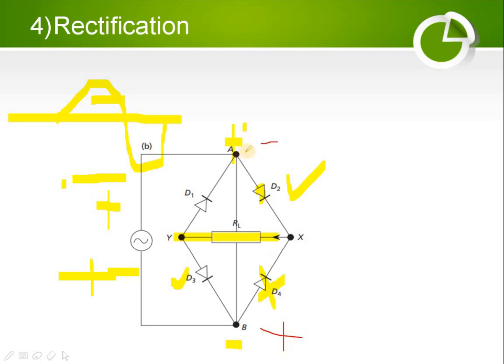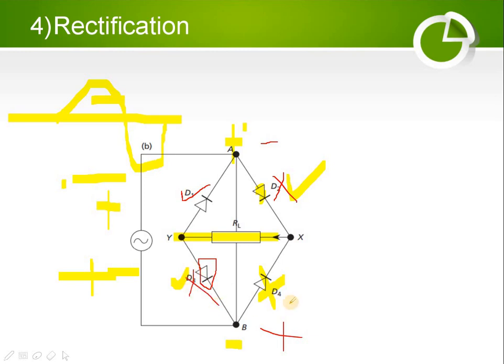So what happens right now: when this negative reaches here, D2 is connected in reverse bias. D2 does not allow current to pass because the negative is connected to its anode, and when the negative is connected to this, D1 is in forward bias. When the positive reaches this side, it is in reverse bias, so it does not allow current to pass.